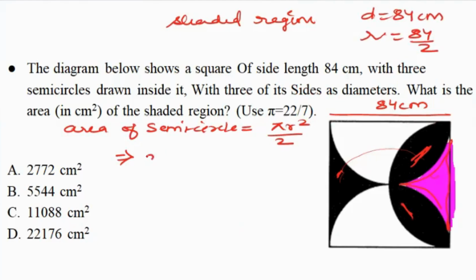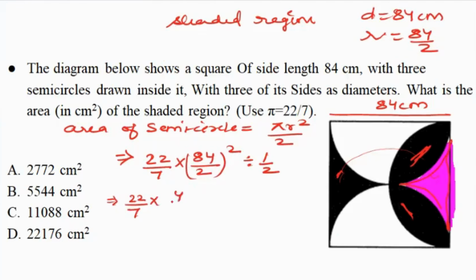In place of pi, we are supposed to put 22 by 7, which is already given in the question. So 22 by 7 times r square, where r is 84 by 2, and we need to divide the whole thing by 2. You can write it in this form as well. Now when we solve it, we get 22 by 7 times 84 by 2 times 84 by 2, and then we need to divide it by 2.